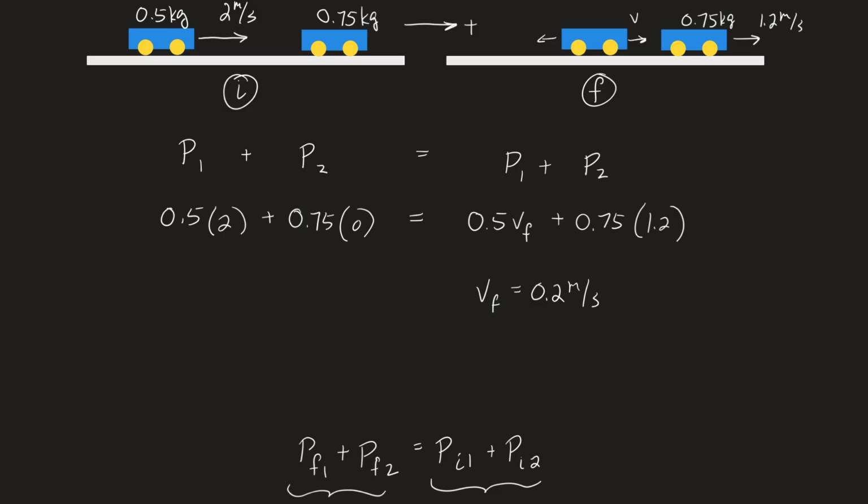Now, you should take a quick minute and show that the velocity of the center of mass is still 0.8 meters per second. You should try it, just to make sure.